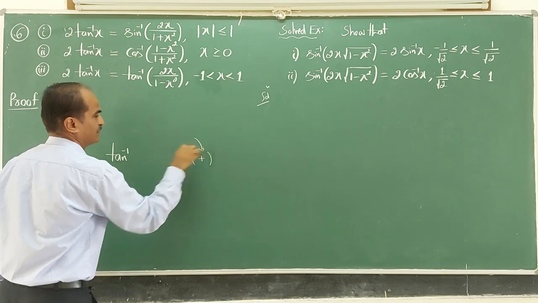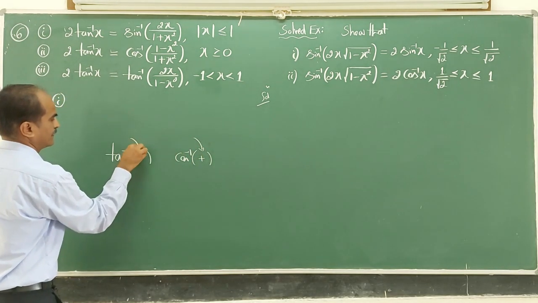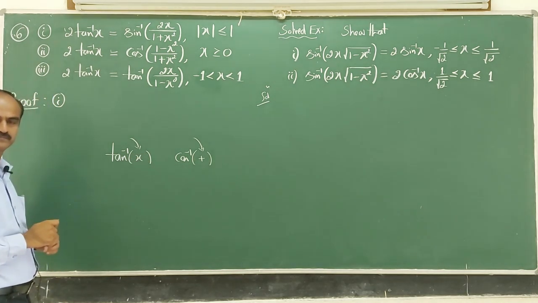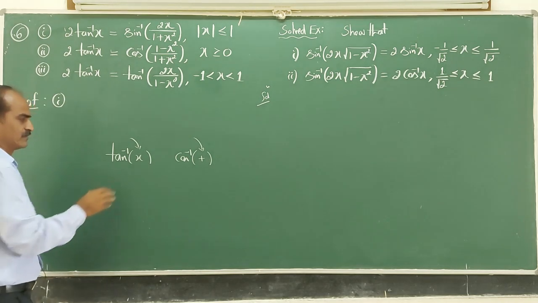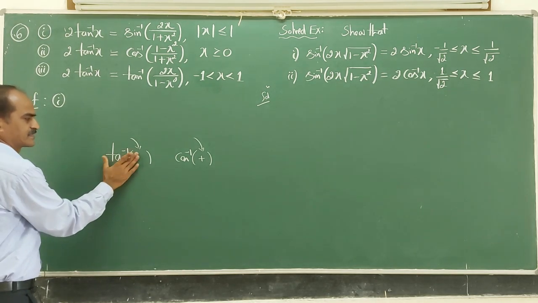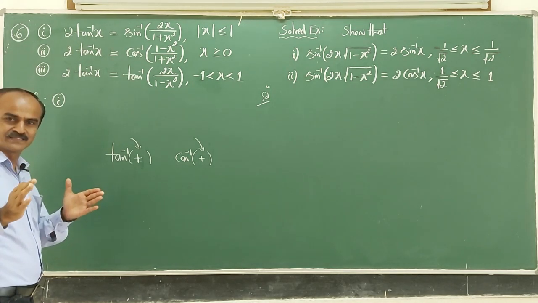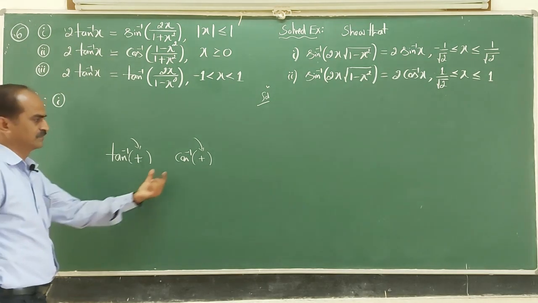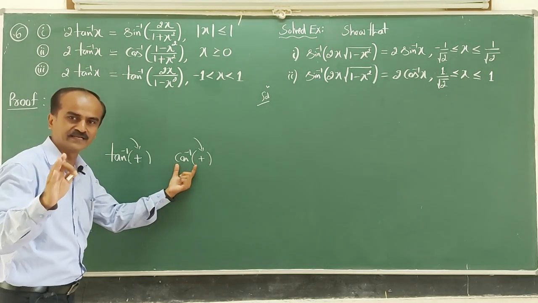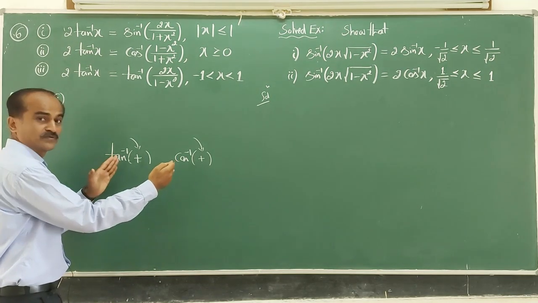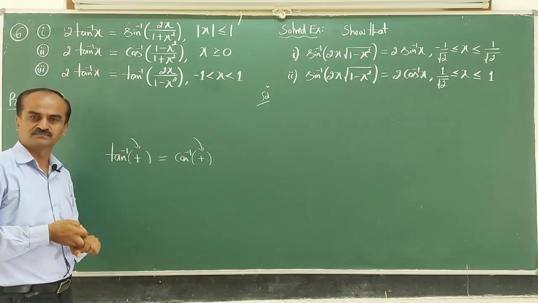Suppose that real number is positive, here also the real number is positive, then definitely there is a chance that these two will be equal, because tan inverse of x, when x is positive, lies in the interval 0 to pi by 2. Cos inverse of x, when x is positive, lies in the interval 0 to pi by 2. That is why I am saying there is a possibility of equating these two.